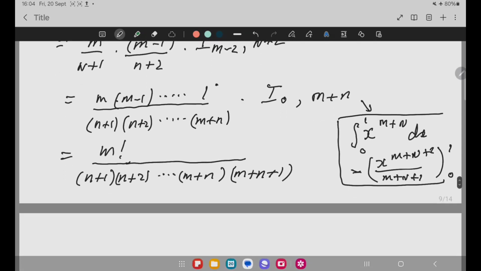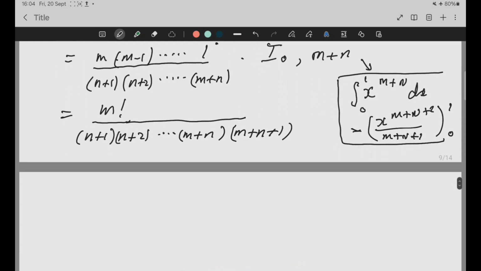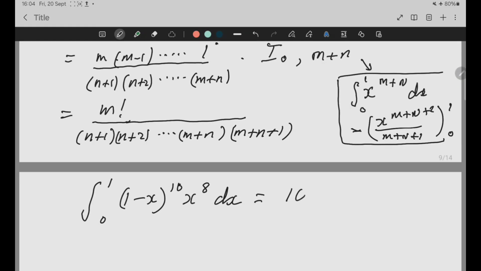So if you can remember it, then take an example: the integral from 0 to 1 of (1 minus x)^10 times, say, x^8 dx. Instead of taking hours and hours trying to work that out, if you remember the general form of the integral, that will simply come down to 10 factorial over 9 times 10 going on up to 19.